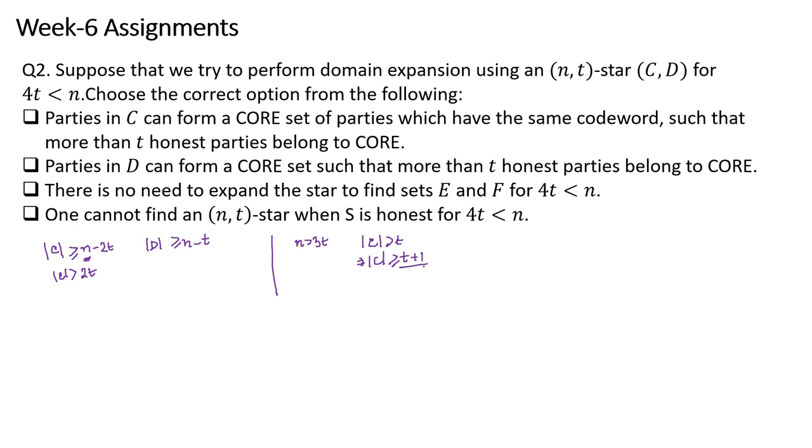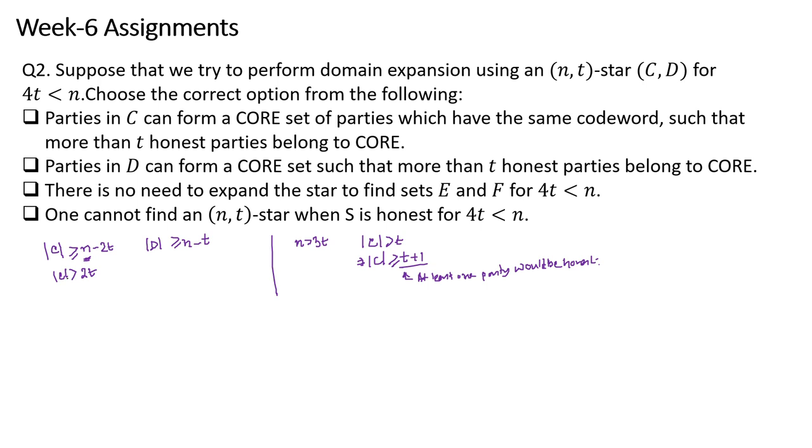Since among them at most t parties can be corrupt, so at least one party would be honest, right? in this case, previous case.